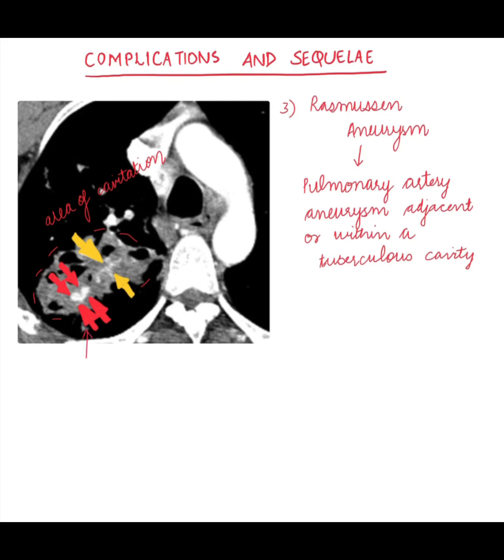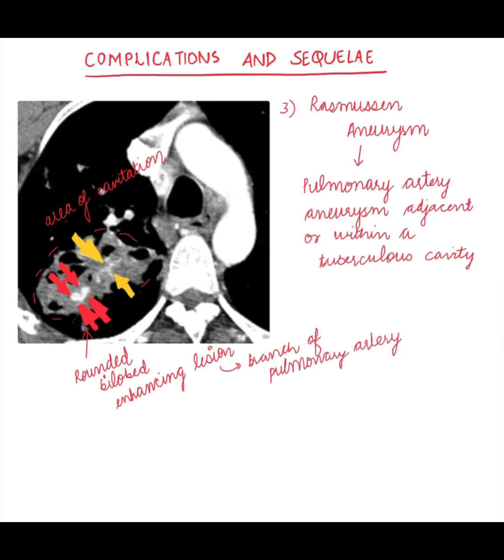You can see a rounded, bilobed enhancing lesion arising from a branch of the pulmonary artery, and it is known as Rasmussen aneurysm.